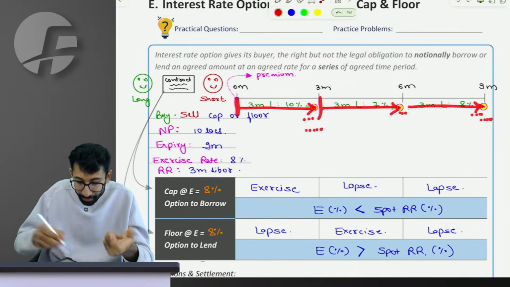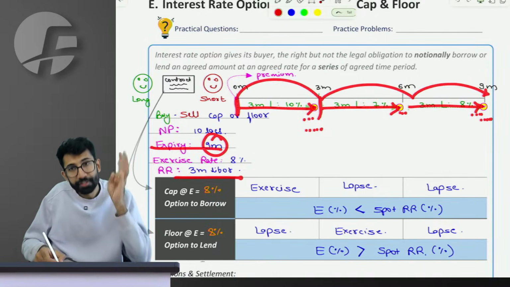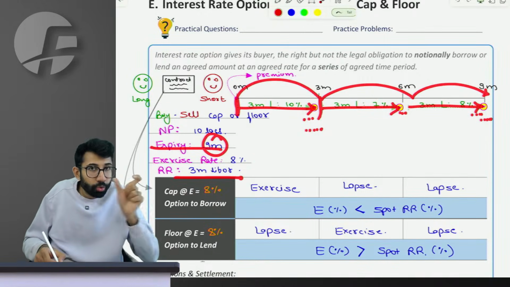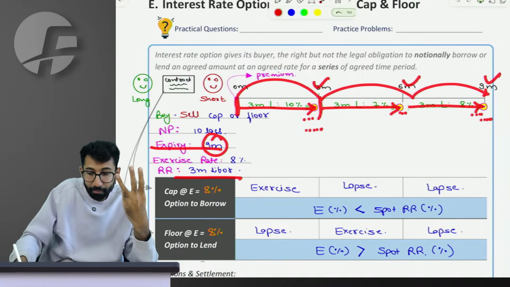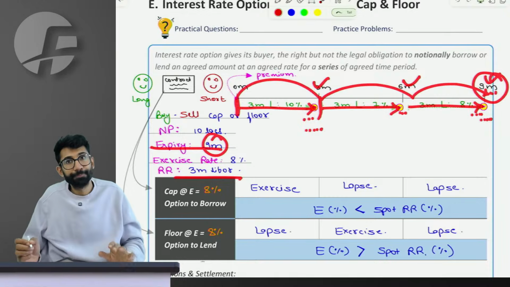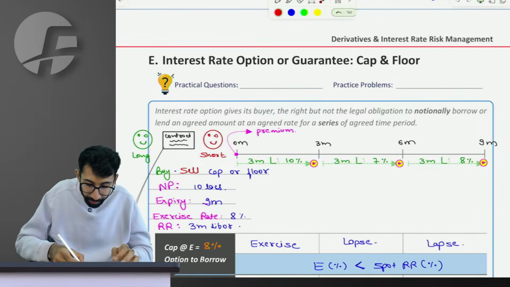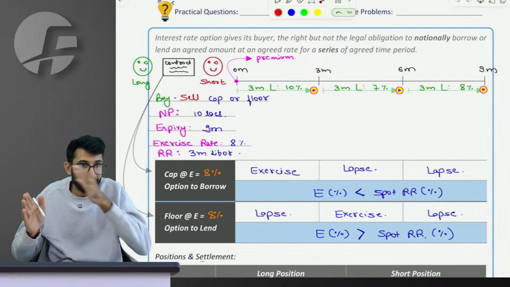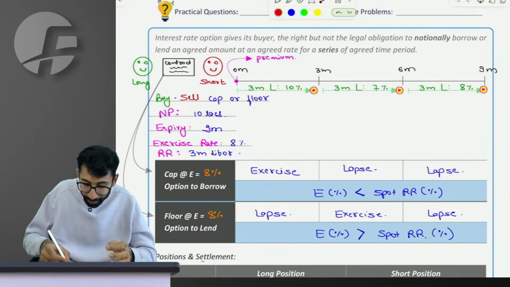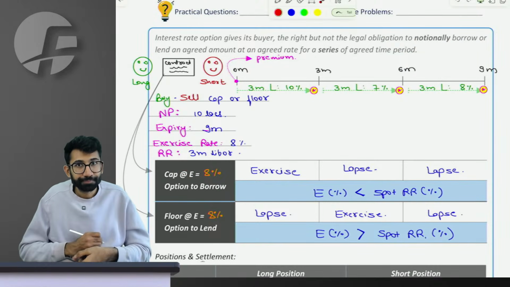Could you understand that in an overall period of 9 months, because the reference rate is 3 months, I will have a quarterly settlement, and a total of 3 settlements will happen in 9 months. Meaning to say, in a single interest rate option or guarantee contract, we can have multiple settlement periods depending upon the reference rate, depending upon the frequency of settlement.